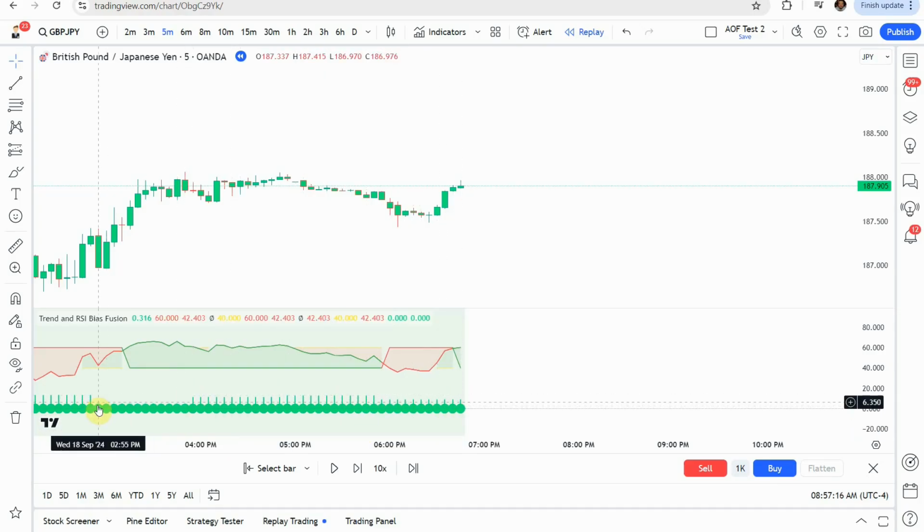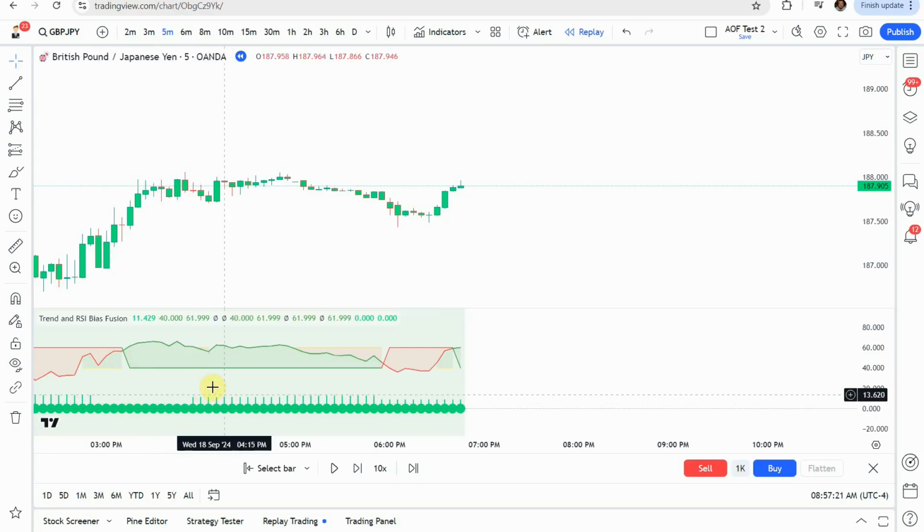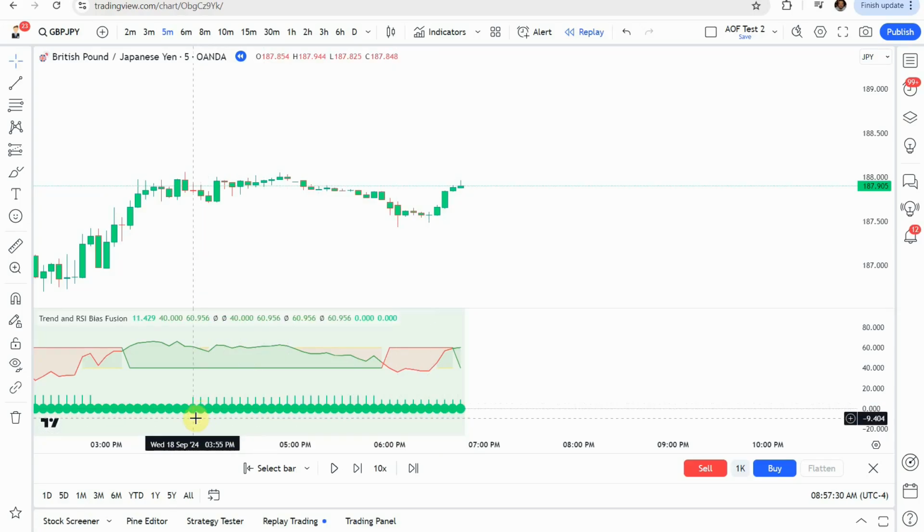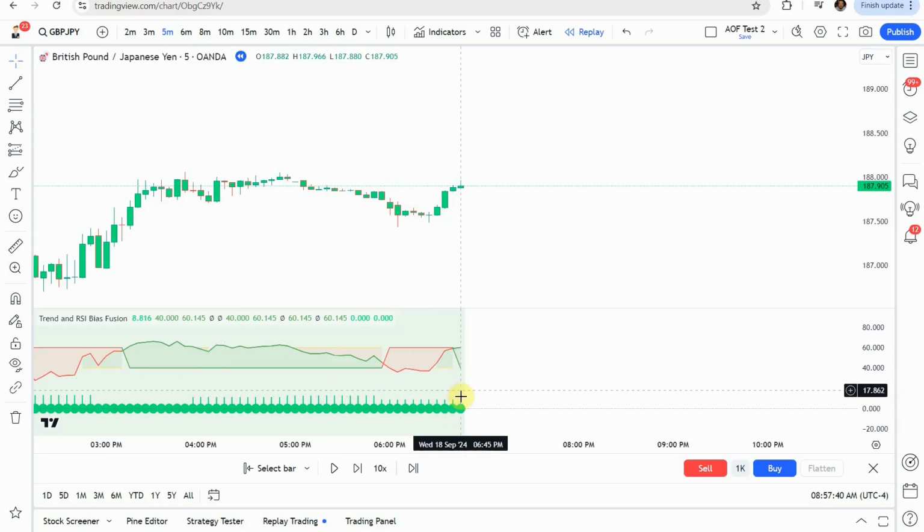And so you can see here that right here there are no spikes to the upside. And these spikes indicate that there is momentum to the upside. Sometimes you'll have green and you'll have spikes to the downside, which means that there is a difference in the momentum, showing that the momentum is to the downside and not the upside. So you want the spike to be pointing up.